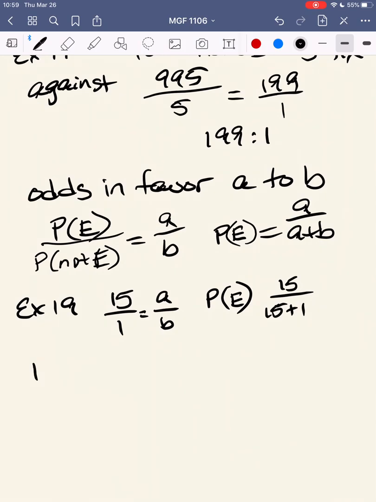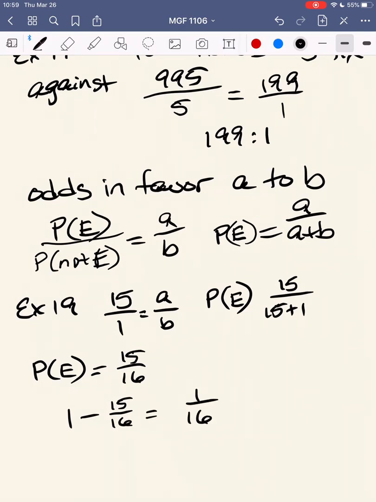That gives me the probability of the horse not winning the race as 15 over 16. The probability that the horse actually won that race is 1 minus 15 over 16, or 1 over 16.